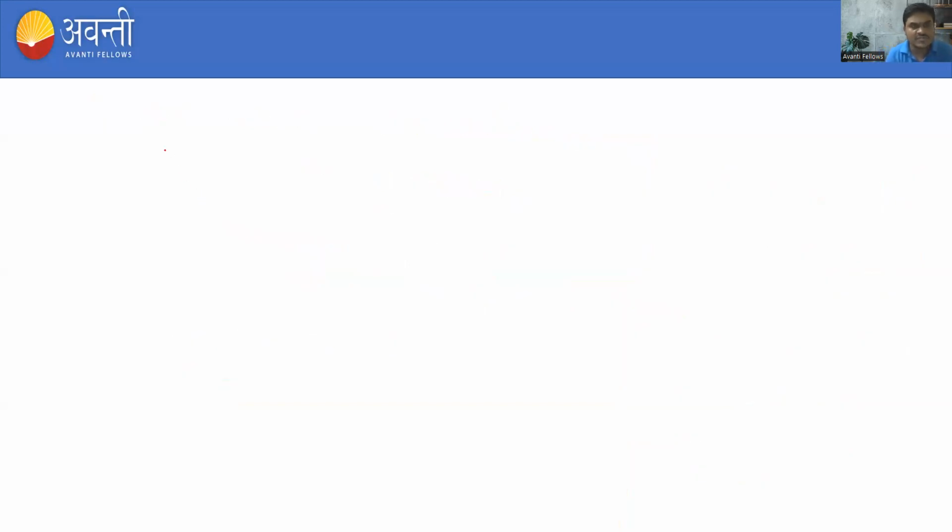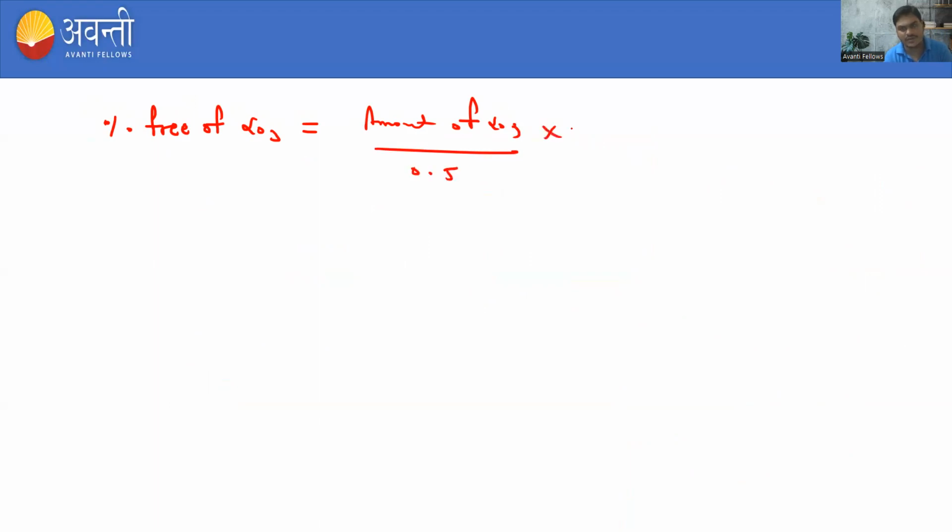So what is the percentage free SO3? Percentage free of SO3 is the amount of SO3 divided by 0.5 into 100.